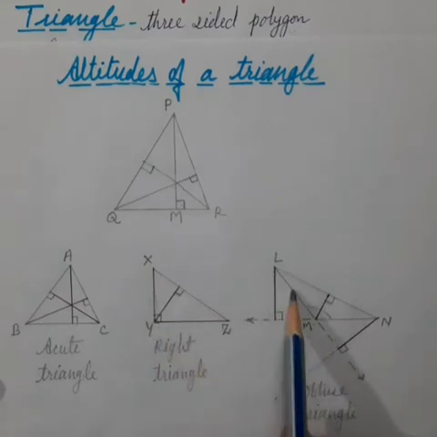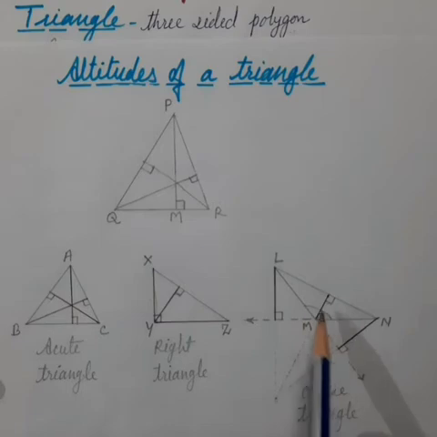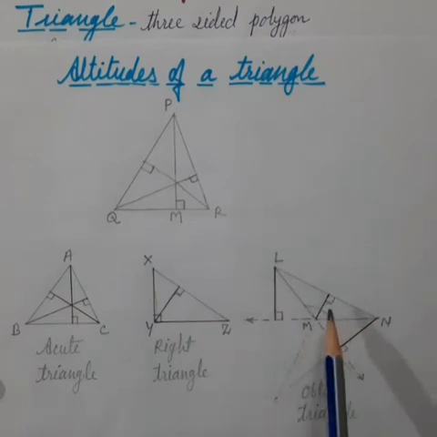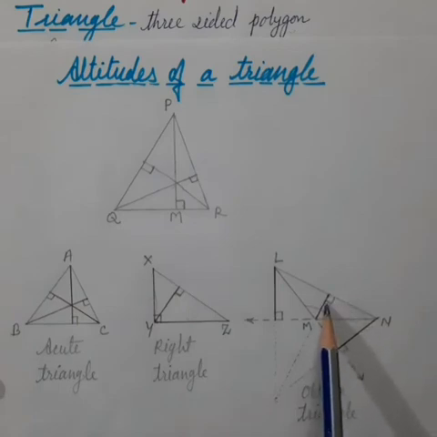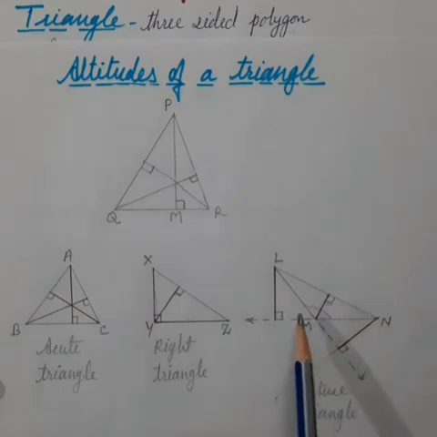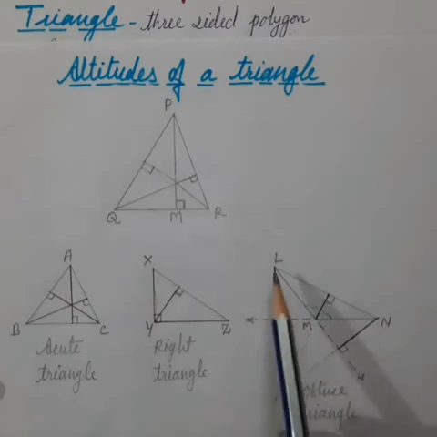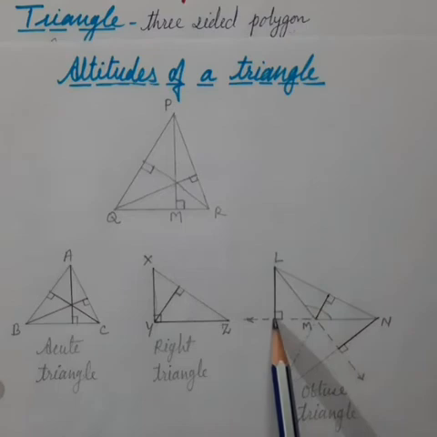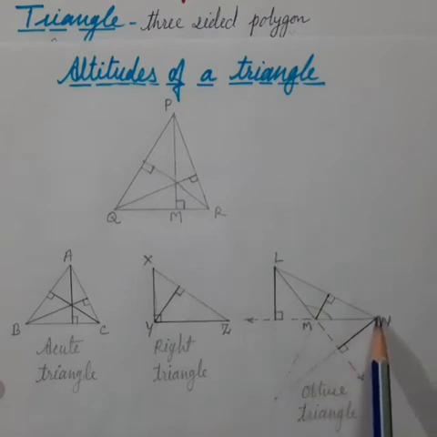In an obtuse angle triangle, this is the obtuse angle, triangle LMN. So one altitude is in its interior. To draw the other altitudes, we have to extend the side. And here comes the other altitude, and from this vertex, here again we have to extend this side.